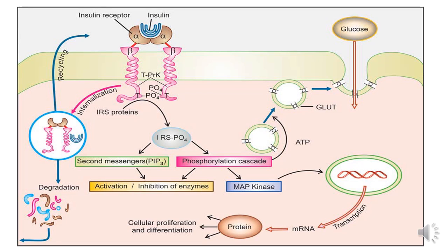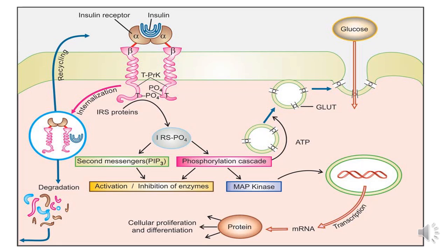So the insulin receptor, as you can see, is present on the cell membrane. It is a heterotetrameric receptor. It consists of two extracellular alpha subunits which have the insulin binding sites. It also consists of two transmembrane beta subunits which have the tyrosine kinase activity.